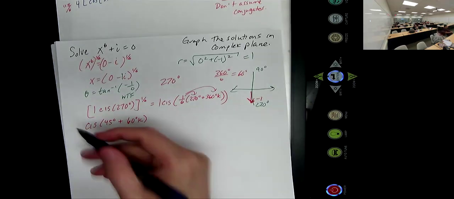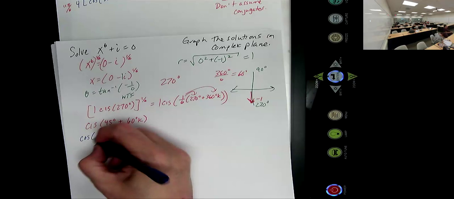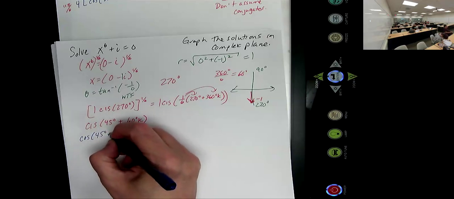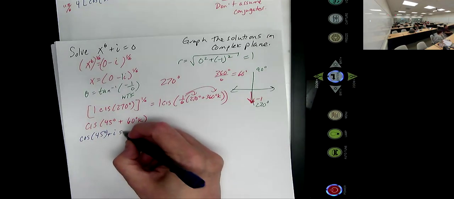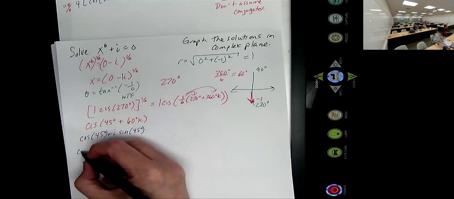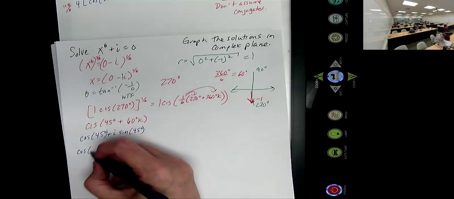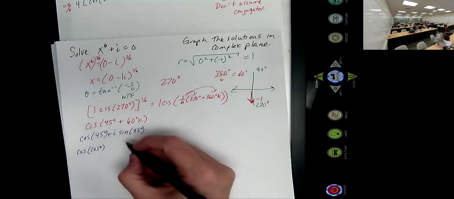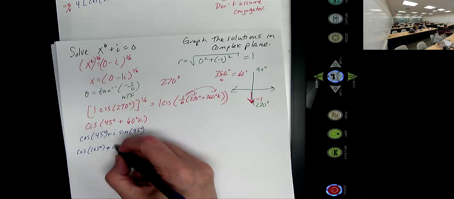So our 6 solutions. Cosine 45 degrees plus I sine 45 degrees. We don't need to worry about a radius because it was 1. Cosine, we're gonna add 60 to it, we got 105. Plus I sine 105.